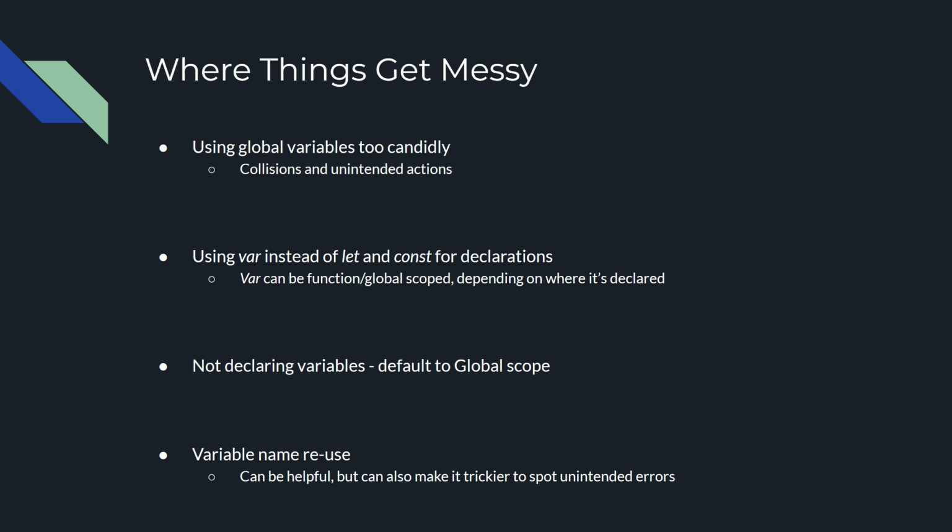That's totally legal, but if you're trying to spot errors or debug something, having similar variable names can make things tricky. So try to keep things specific to where they need to be, and name them specifically what you need to as well. So there's a quick overview of scope, some of the applications you can use it for, and some of the things to keep an eye out for.